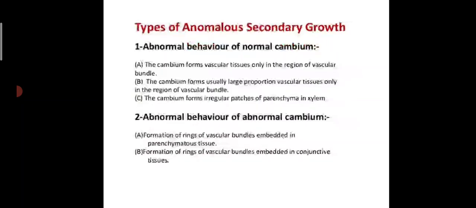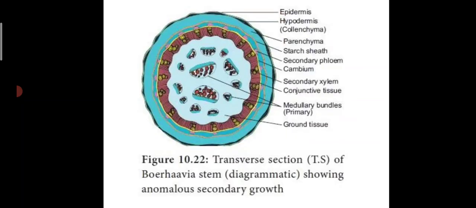Boerhaavia is one such example. It may be because of the abnormal behavior of the normal cambium. Cambium may be formed normally, but it behaves abnormally. That may be one condition. Or in other cases, abnormally formed cambia may behave abnormally. That may be the other condition.